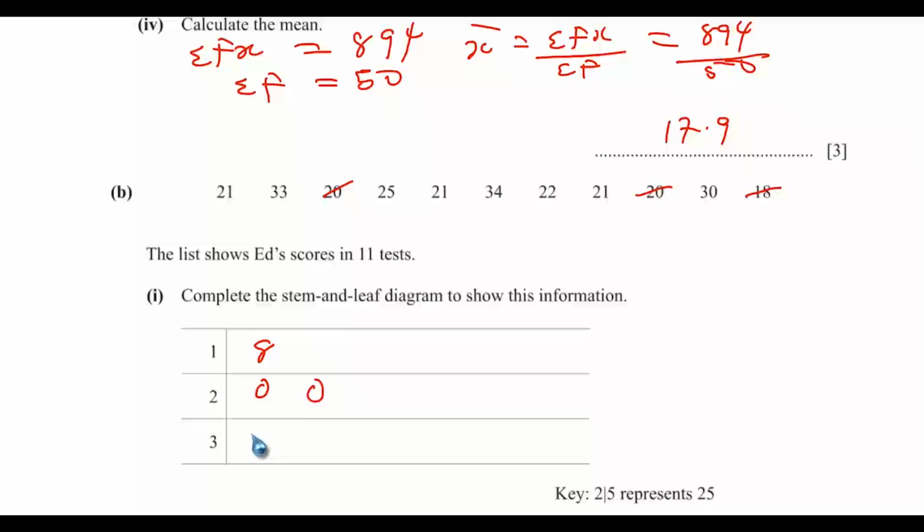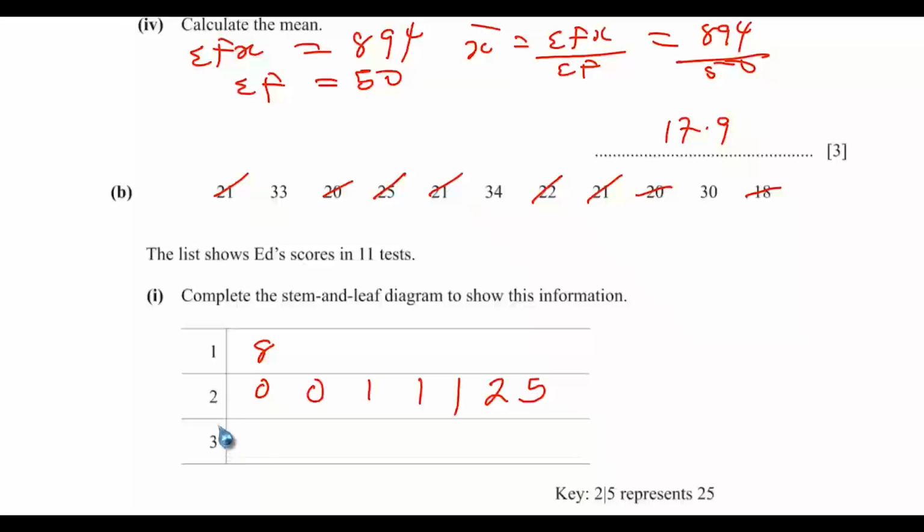So the next one is 21. We have 1, 2, and 3. So you can put 1 here, 1 here, and 1 here. And the next one is 22, just only 1. So we put 2 here. And finally, we have 25, which is also 1.